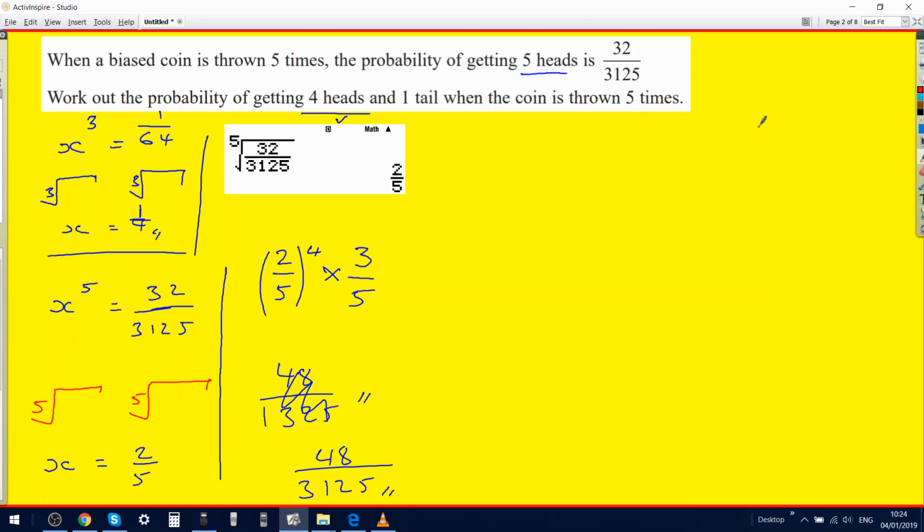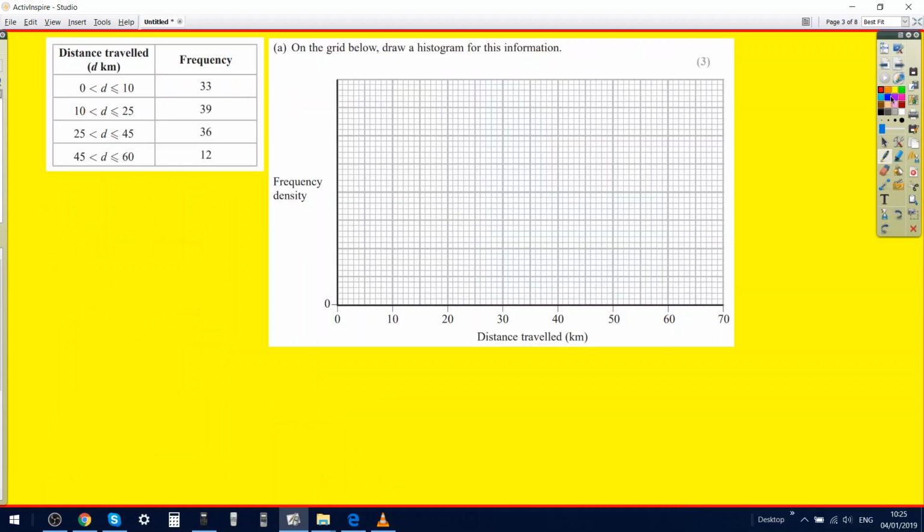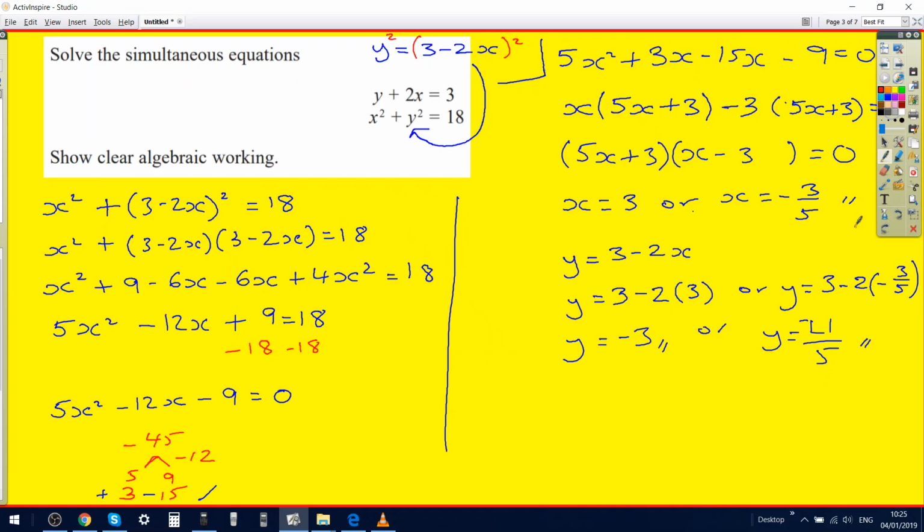So you're always squaring it, cubing it. And so to work backwards, you do square root, cube root, fifth root. Yes. And then it was just times by, to the power of 4, and then times by 3 over 5. To get that, you do 1 minus the other one. So this one was all right.